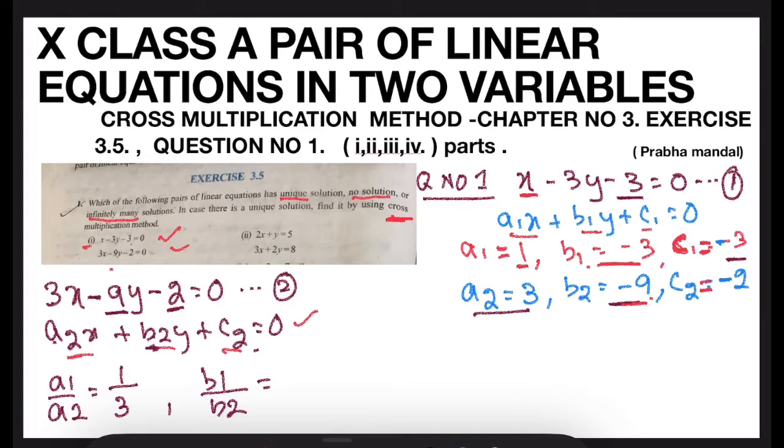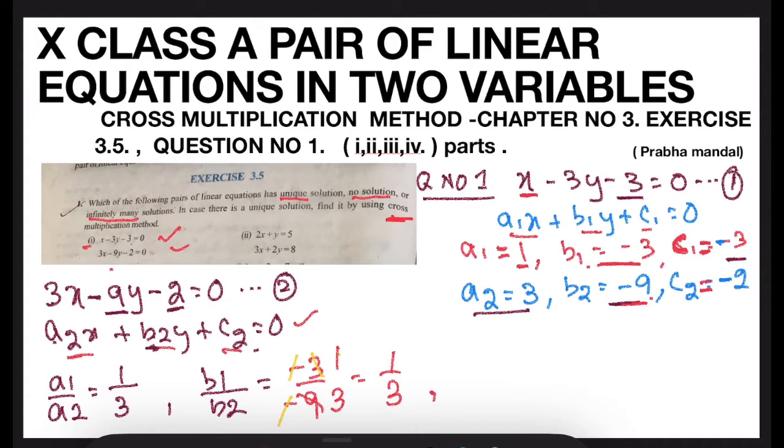So minus 3 upon minus 9, the minus signs cancel, then dividing by 3, we get 1 upon 3. So b1 upon b2 equals 1 upon 3. Then we have to find c1 upon c2, because he is asking whether it is a unique solution, no solution, or many solutions.